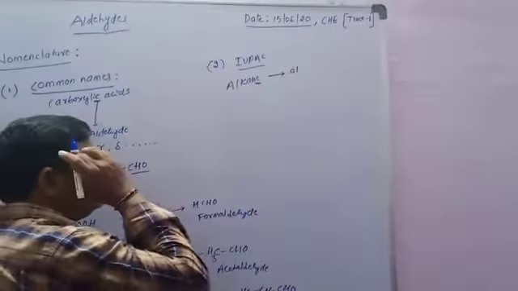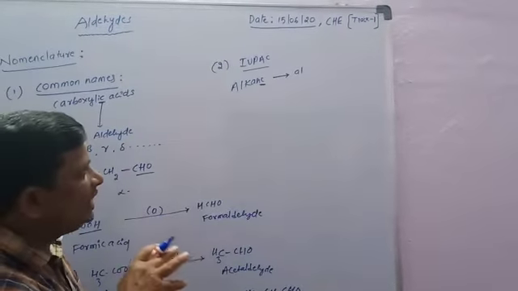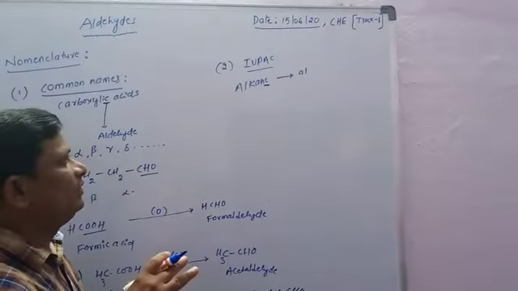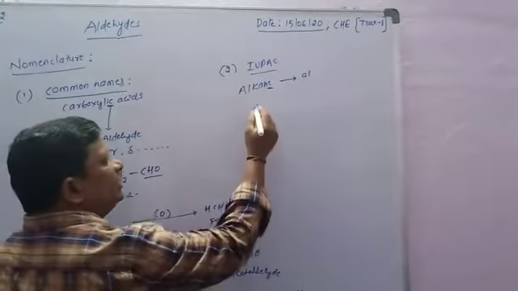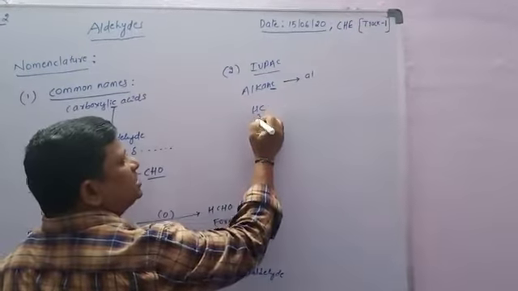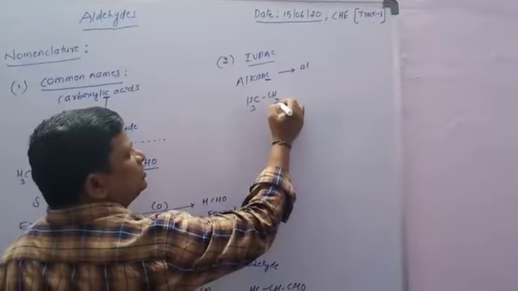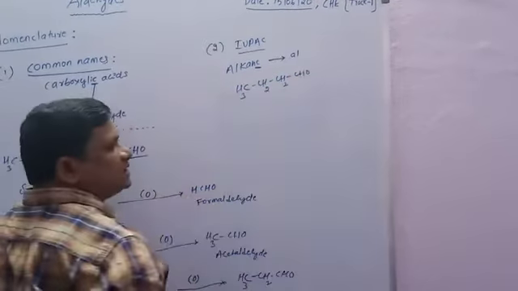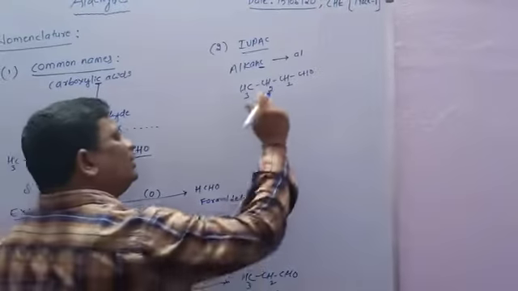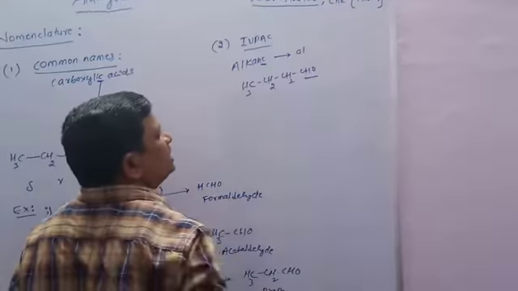If the compound contains more than one aldehyde group, for example CH3CH2CH2CHO, this compound contains only one aldehyde group, that is CHO.